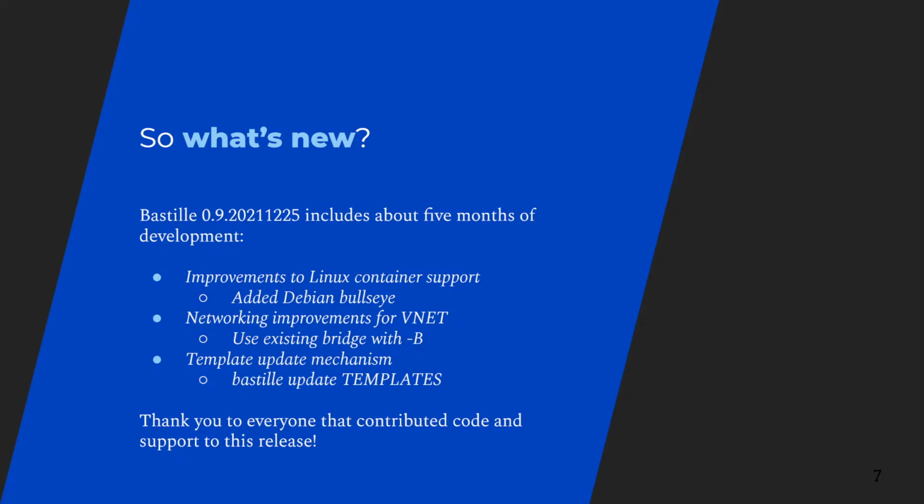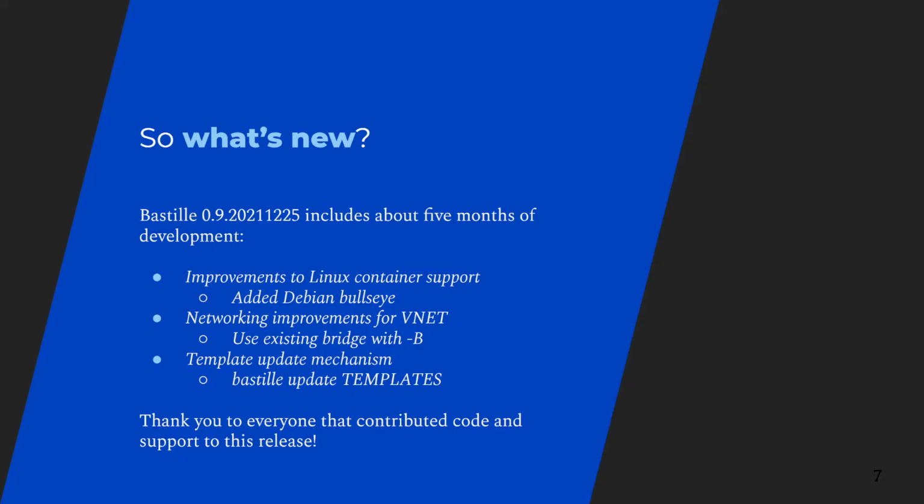Finally, there's been some updates to the template system. Most of the templates are usually stored in Git repos. So someone's submitted an update where you can run Bastille update templates, like a keyword, and it will go through the Git repos and update them and grab the latest changes in the template repositories.